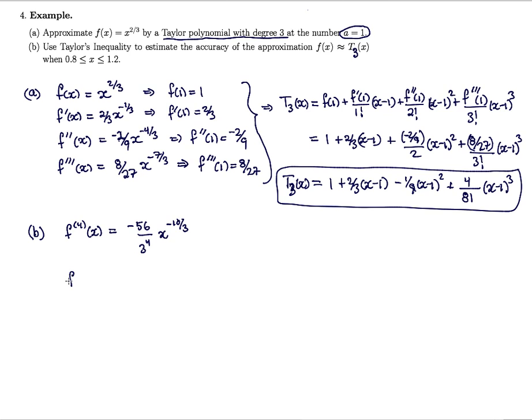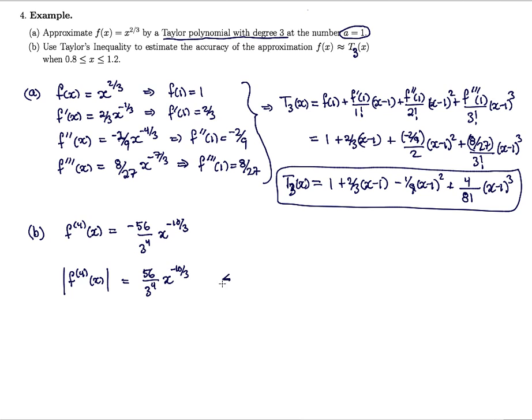And we're actually interested in just the magnitude of this. So that is 56 over 3 to the fourth, x to the negative 10/3. And how big can this be?